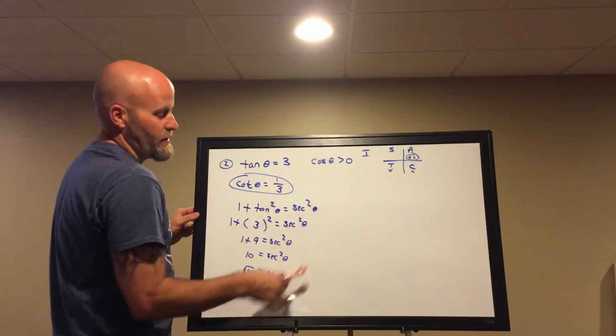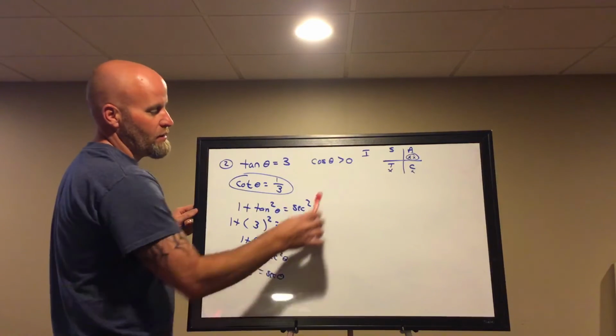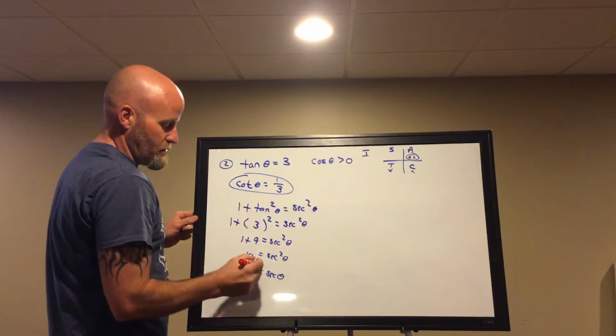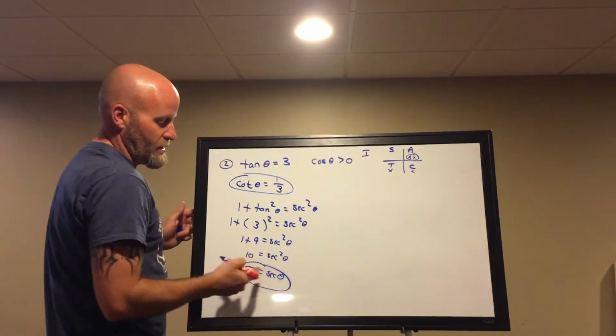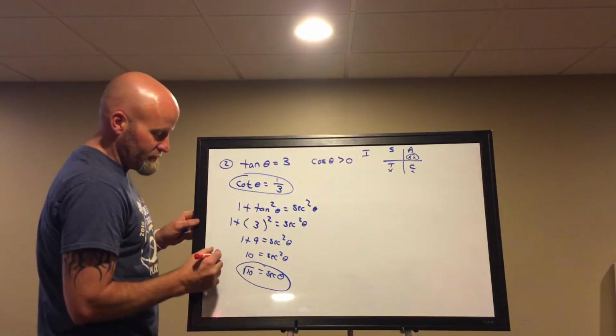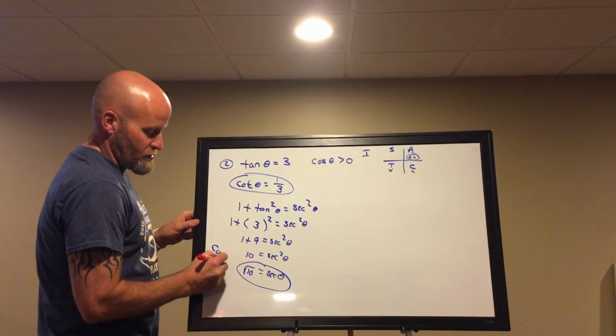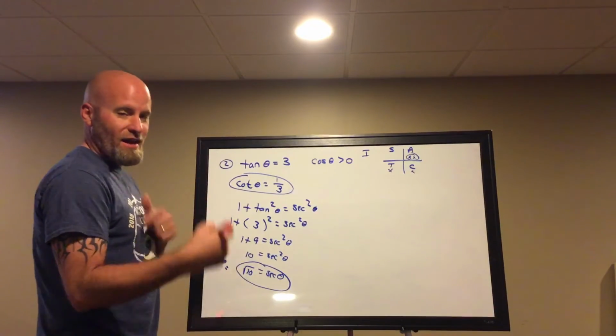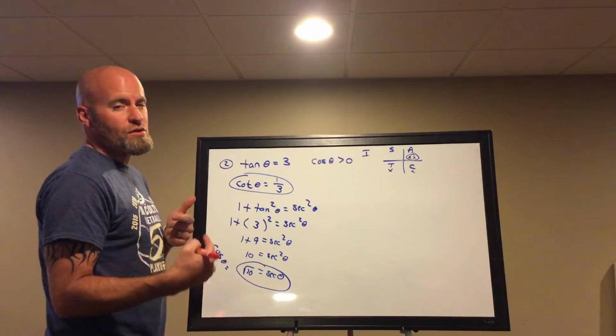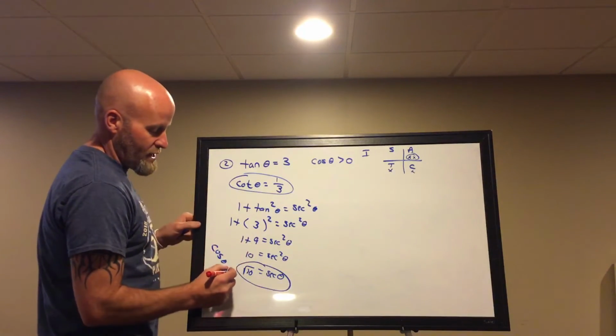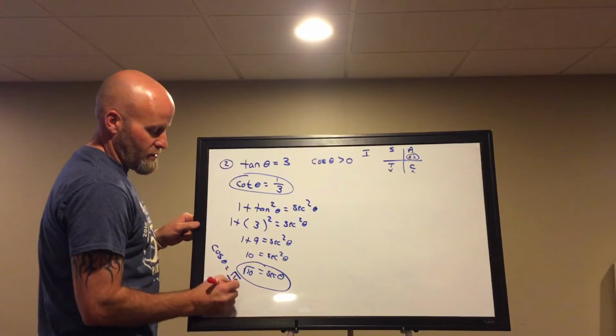Now it would be plus or minus here, but it's positive because we're in quadrant number 1. Now secant's buddy is cosine. So cosine theta is going to be that flip, so it's going to be 1 over the square root of 10, and then we rationalize it, so it's going to be root 10 over 10.